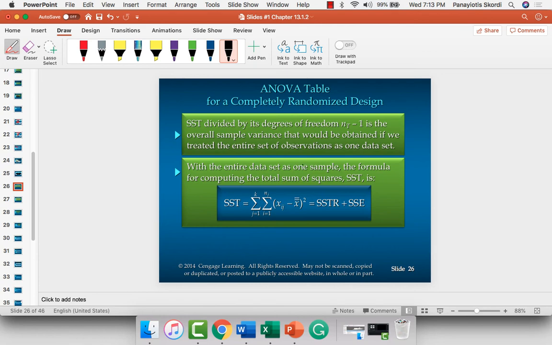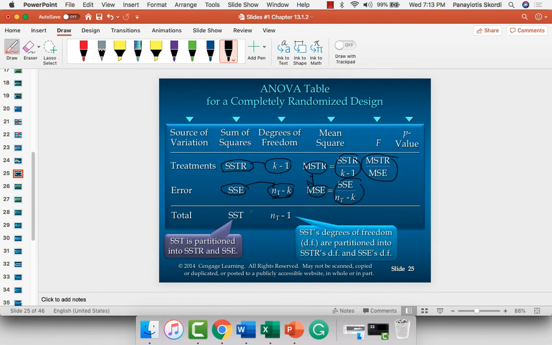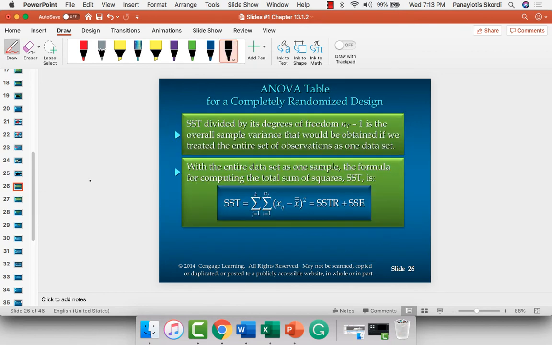This is just saying that if we were to take the figures from down here, we can actually work out the variance using all the data, and this is what it's talking about here. We can just work out the variance another way, and that takes all the data into account.